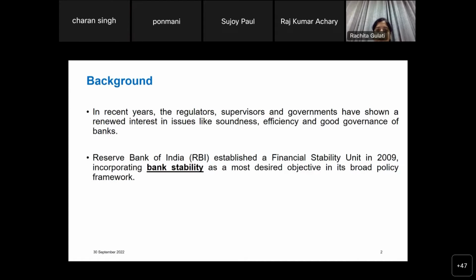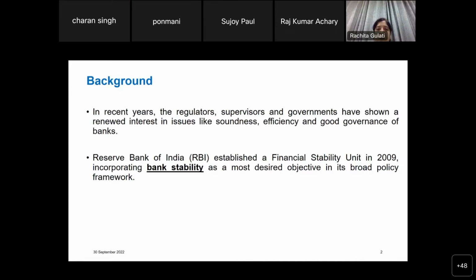In light of these evidences of bank failures and the instability caused in the Western world, especially after the global financial crisis of 2007-9, the Reserve Bank of India established the Financial Stability Unit in 2009, incorporating bank stability as the most desired objective in its broad policy framework.